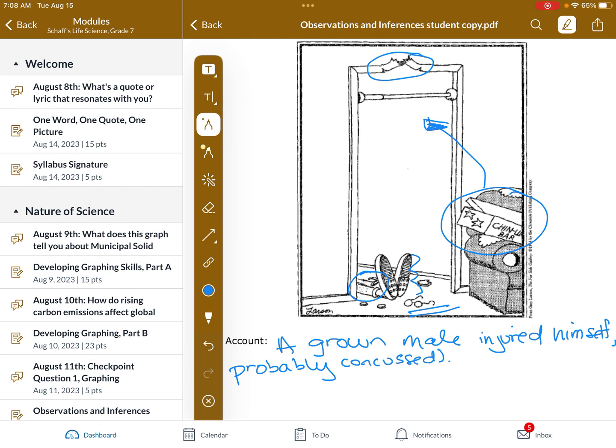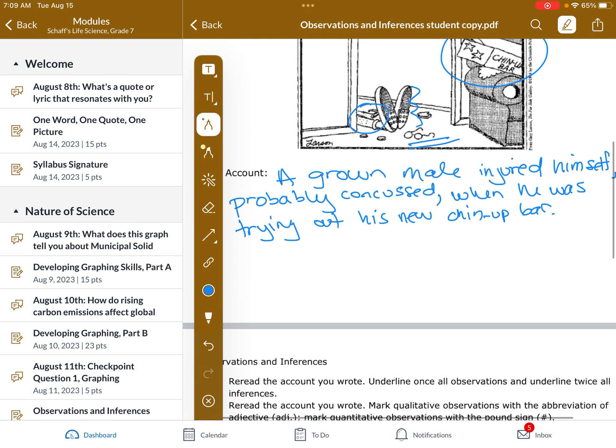Because he's still lying on the ground. When he was trying out his new chin-up bar. Yikes.